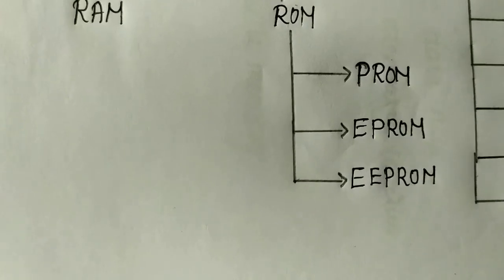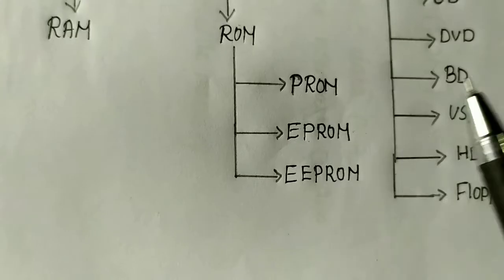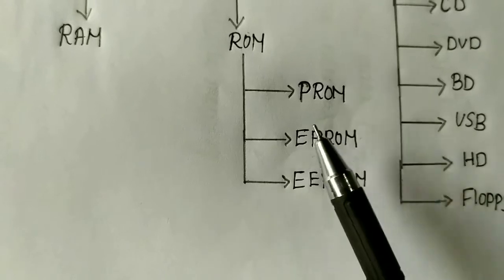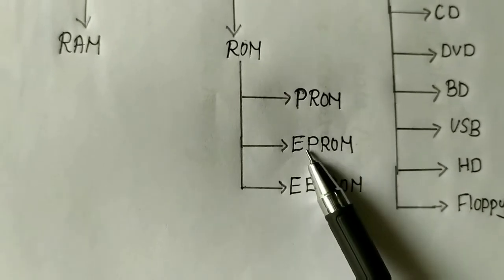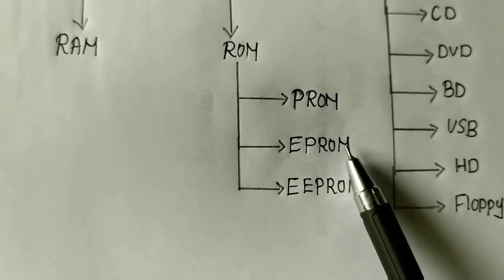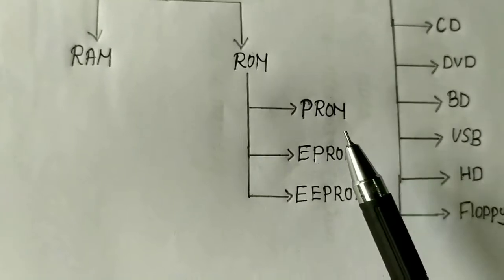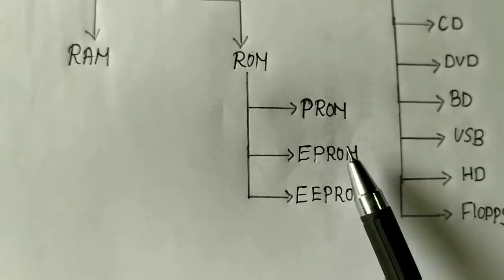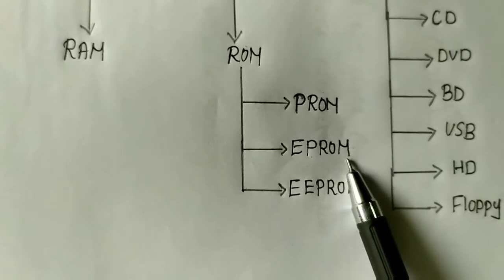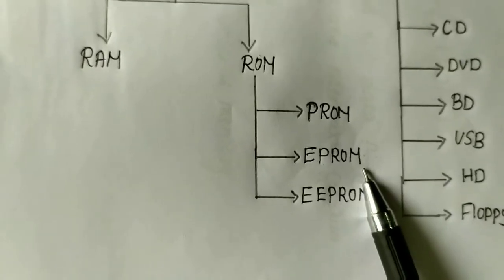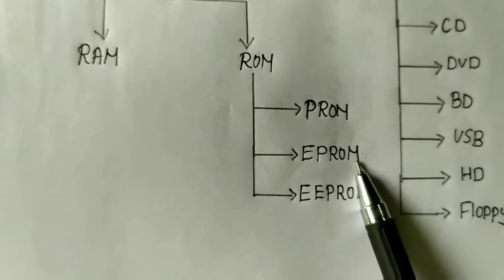Next one, EPROM. EPROM means erasable programmable read-only memory. In this type of memory, data can be erased by using strong ultraviolet light and can be rewritten later.